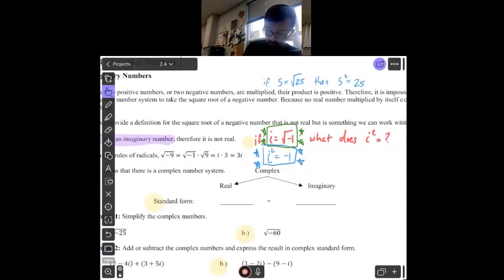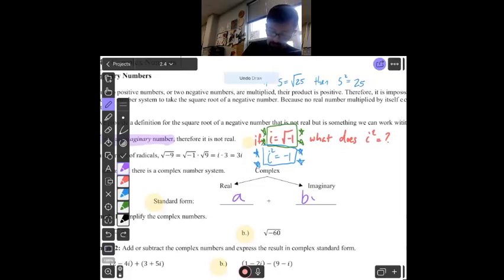Complex numbers are basically real numbers and imaginary numbers combined. Okay, and when we write them, it's written in the form of a plus bi. So essentially what it is saying is that we write the real part of the number first, and then we add or subtract on the imaginary part second. Right?